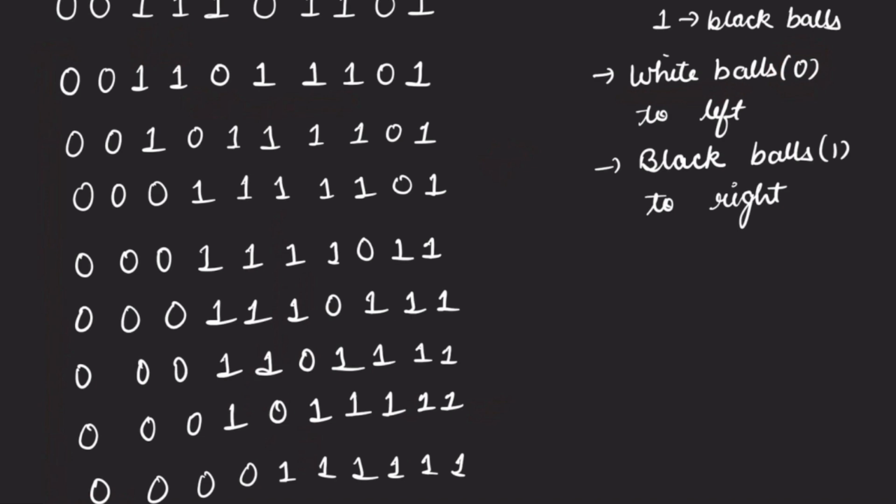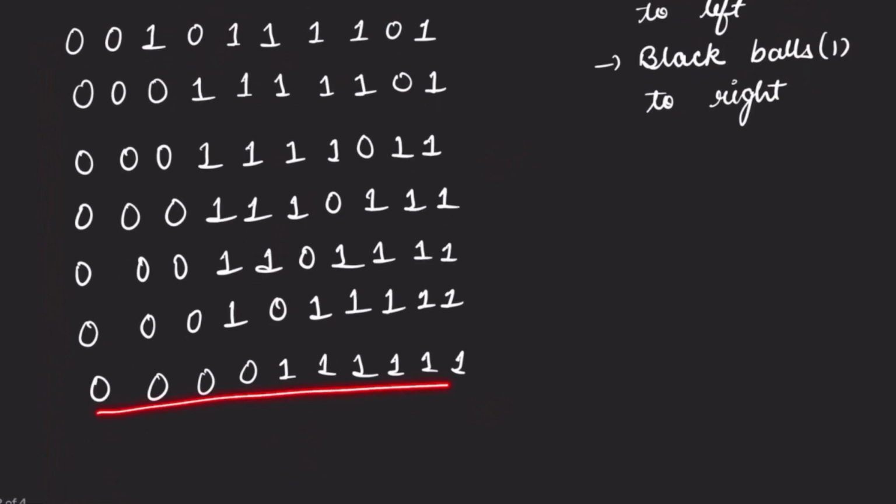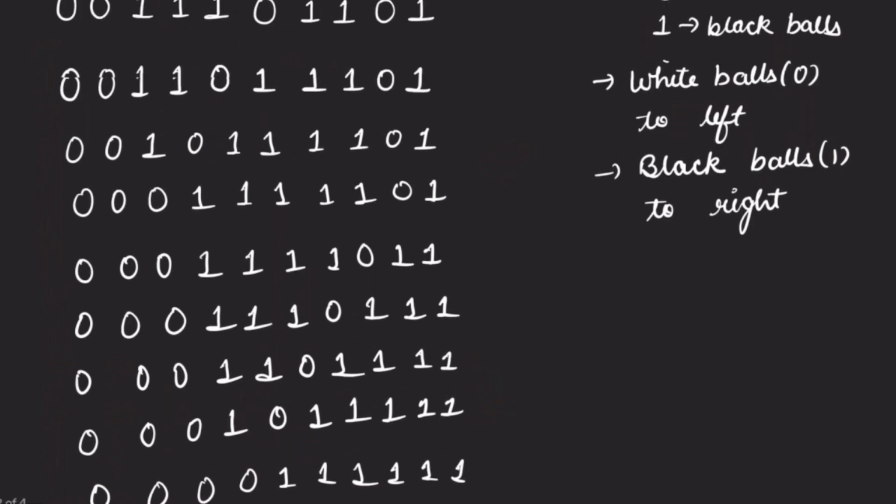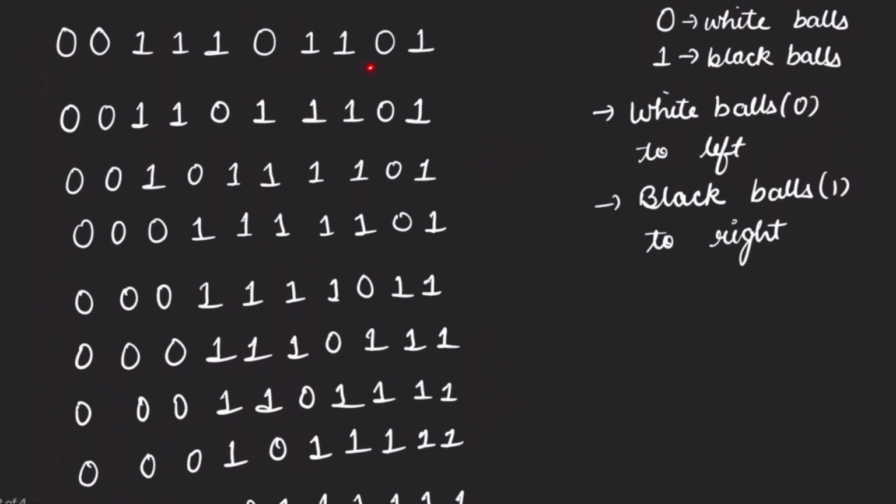But when we focused on moving only the zeros towards the left, eventually all the ones were moved towards the right also. So whenever I move all my zeros towards the left, all my ones will automatically be grouped together towards the right. That means I can focus only on moving all the zeros towards the left.